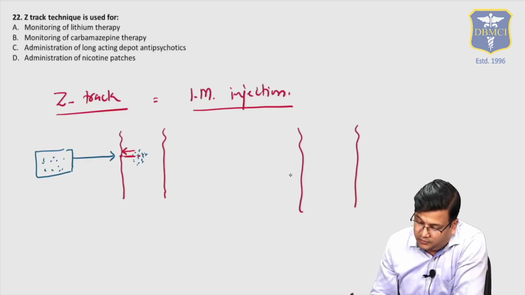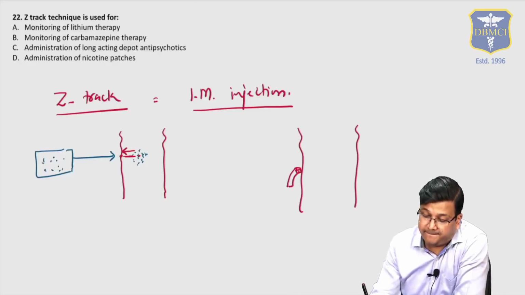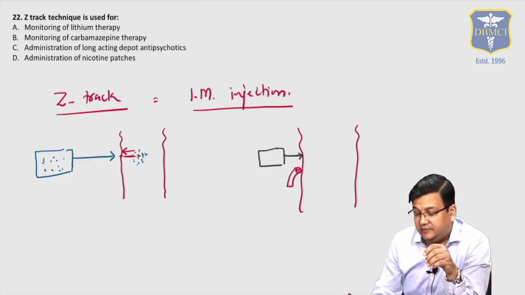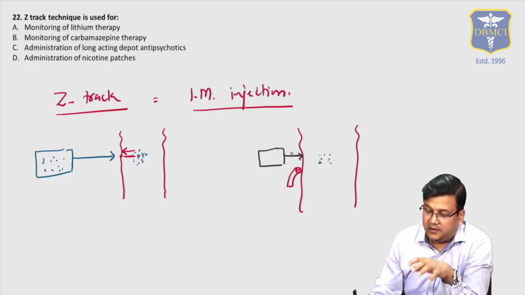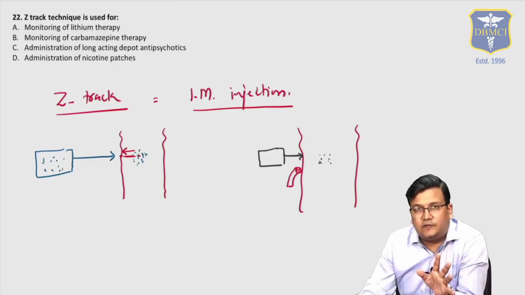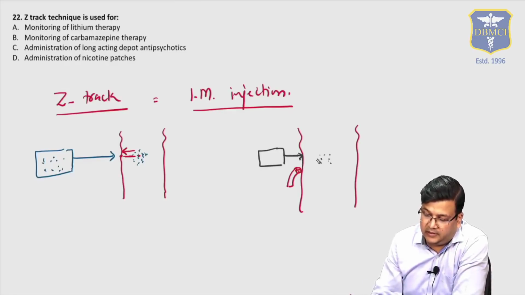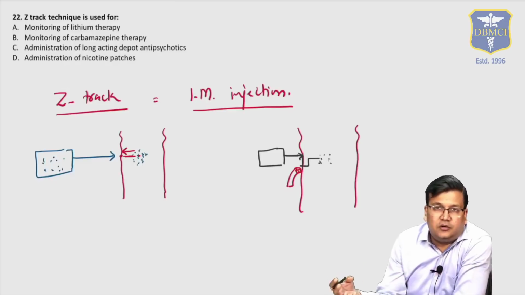You put your finger here, you stretch the skin, you give the injection, deposit the drug and then release. The skin that was stretched will come over it, so the track becomes something like this. The drug is not able to diffuse back.